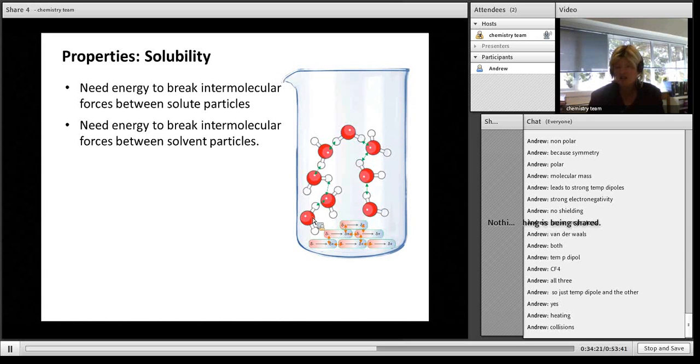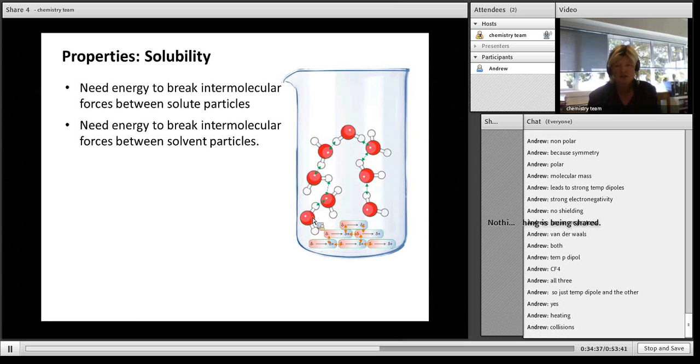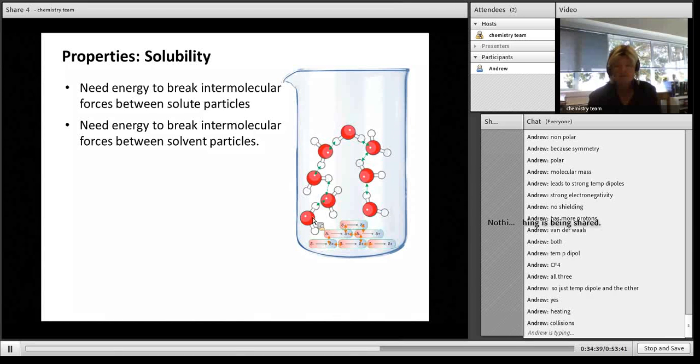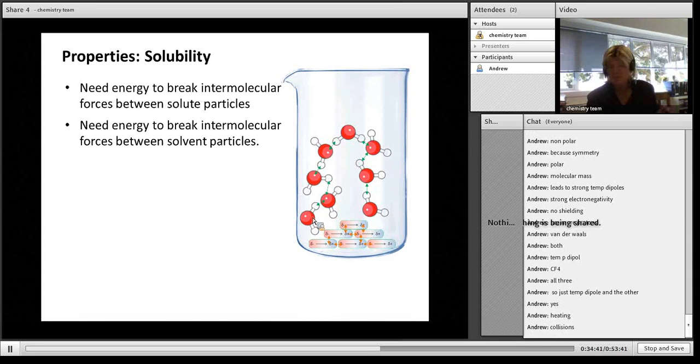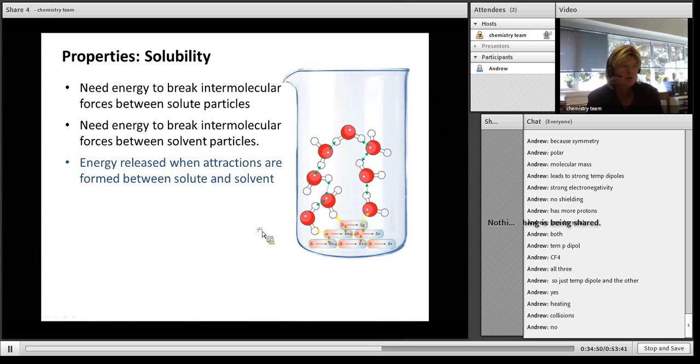Release energy, or does it also need energy when an attraction is formed? So if you think of, like, if you're holding two magnets, do you need to push them together if they're correctly orientated? No, because there's that attraction, so it releases energy itself. You don't have to expend energy to push two magnets, a north and a south pole, together.